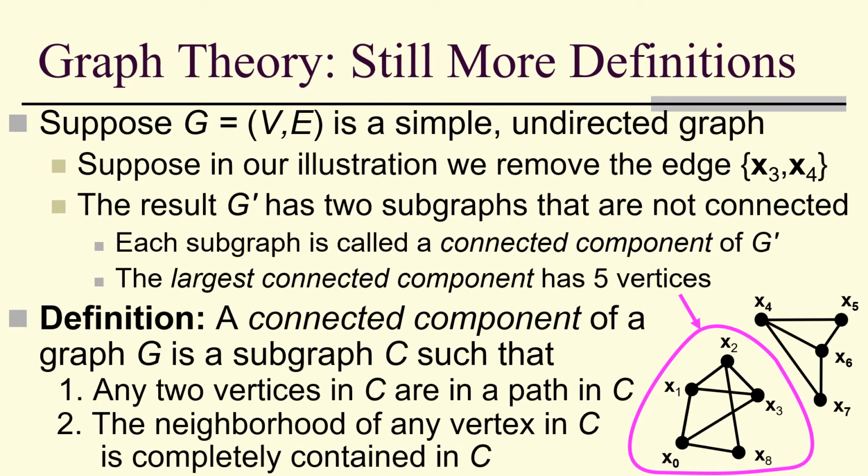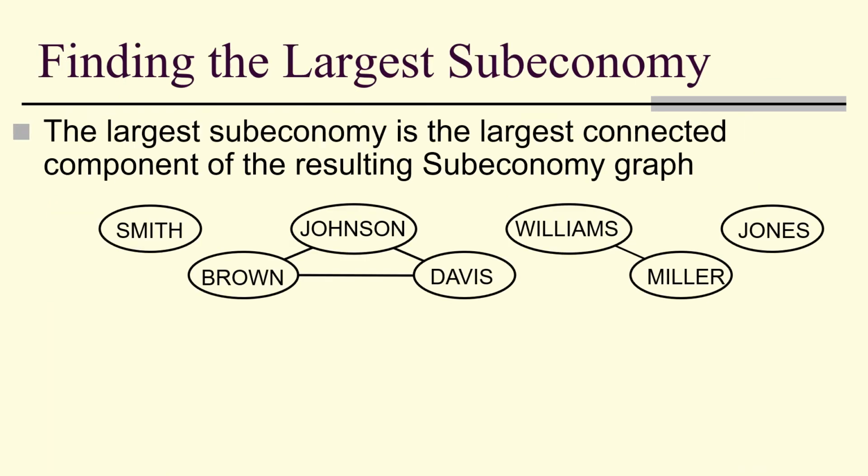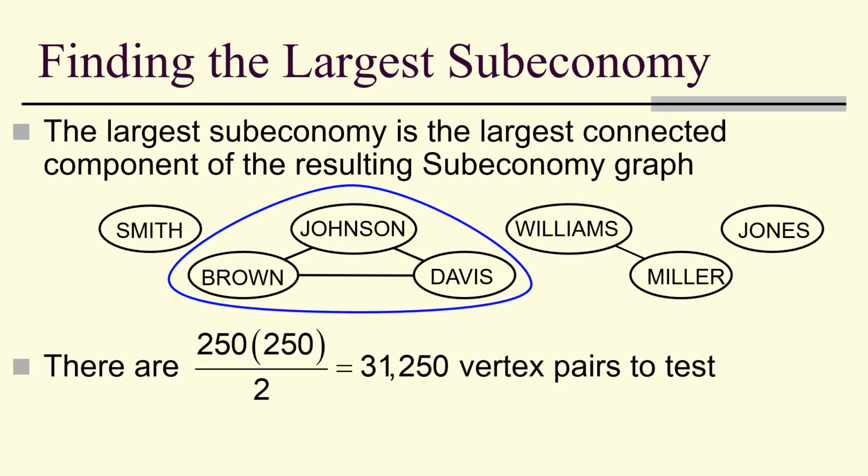Any two vertices in C are in a path in C. The neighborhood of any vertex in C is completely contained in C. So the largest subeconomy is the largest connected component of the resulting subeconomy graph. In this case, Johnson, Brown, and Davis.